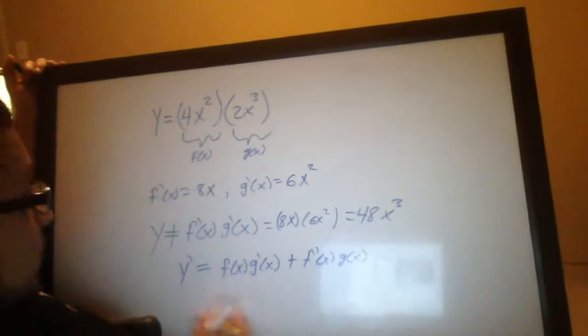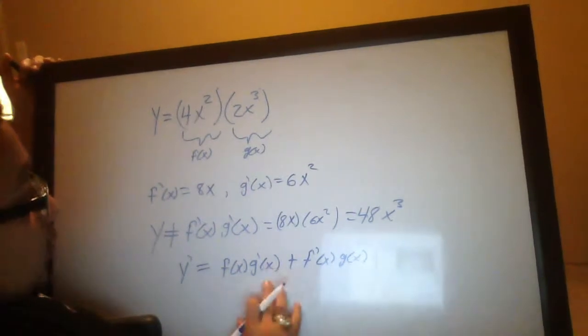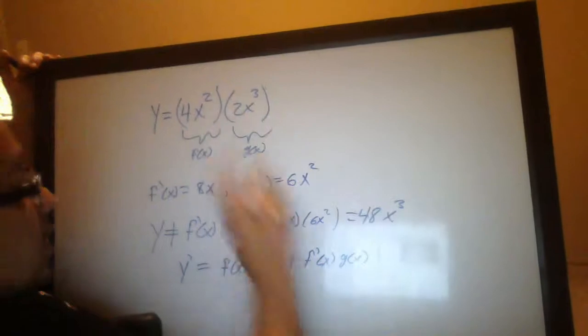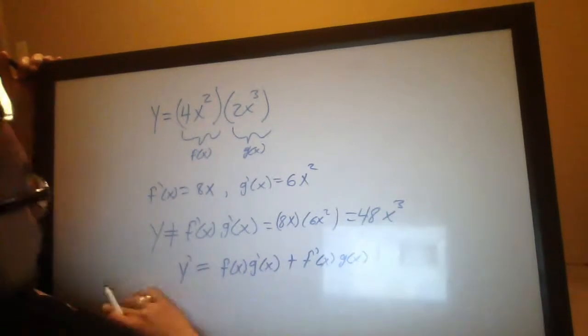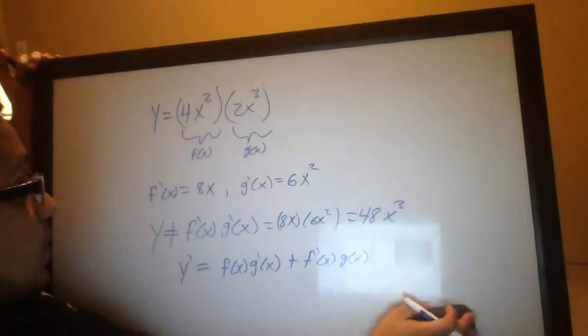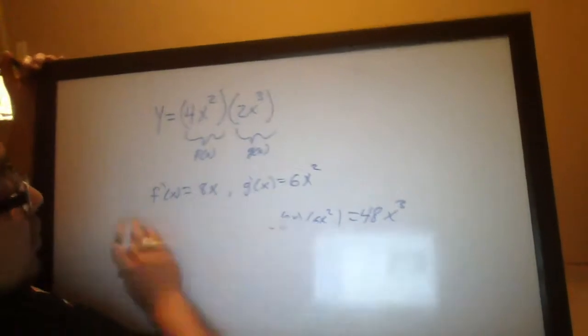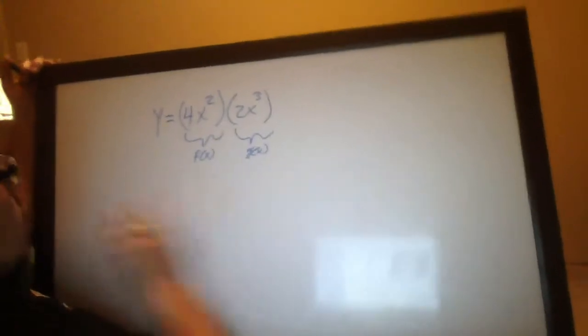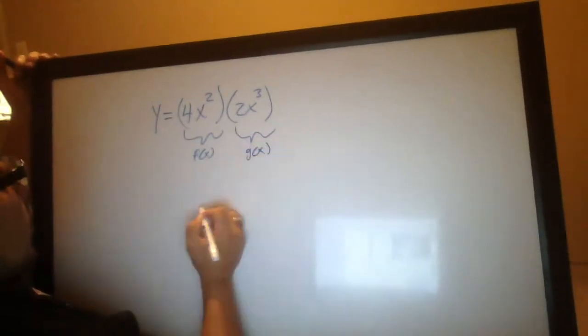Okay, that's the big moral of the story. This is the product rule. Whenever you have two things like this, you have to do it this way. I know that's a little confusing at first, but we'll go ahead and do it again, so you can see what I'm talking about here.